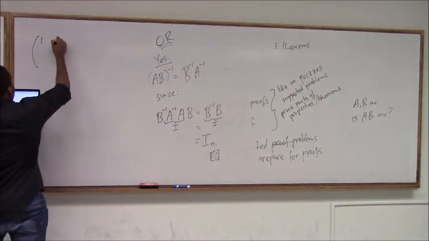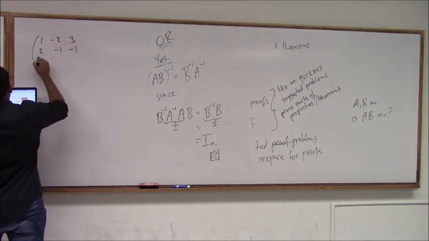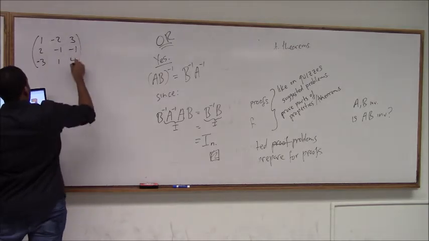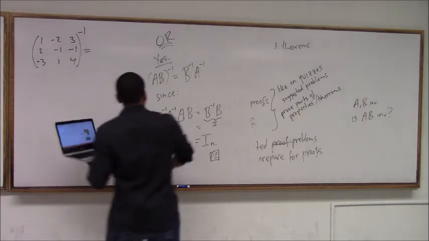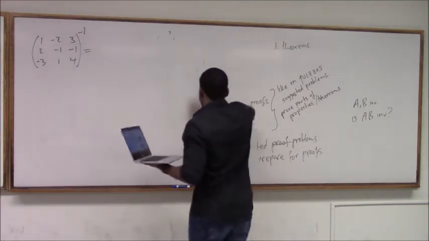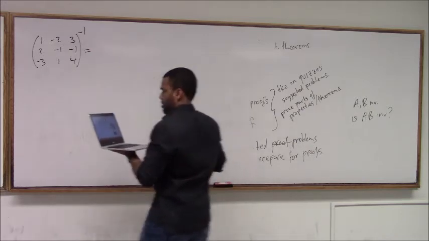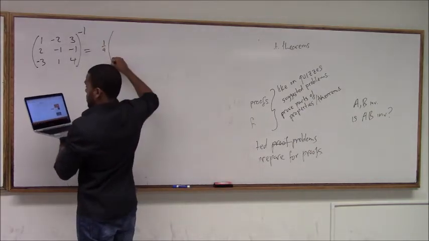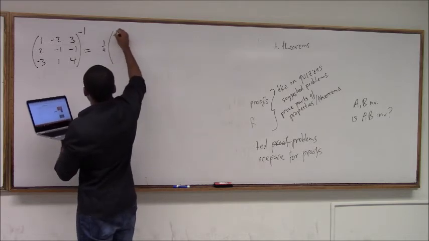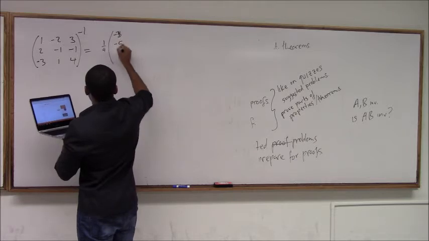So we wanted to find the inverse of this matrix. And I think one or several of our signs were off by whatever we did. But just for the record, if you want to go over that example and find a mistake, or just redo it on your own, the answer you should get is the following. I'm going to factor out a quarter. And so it's -3, -5, -1.